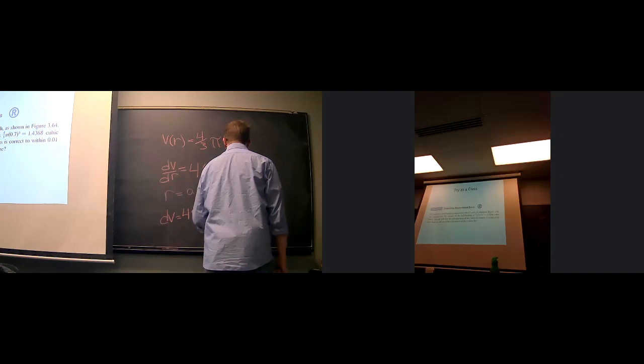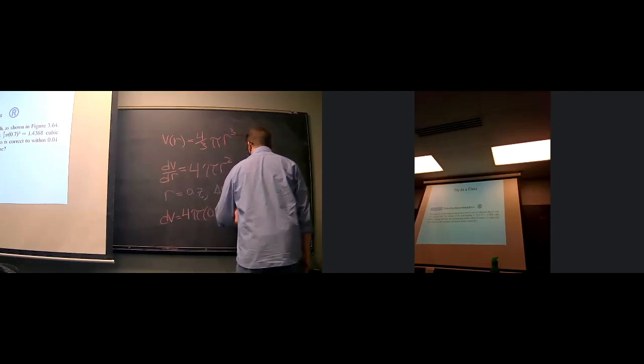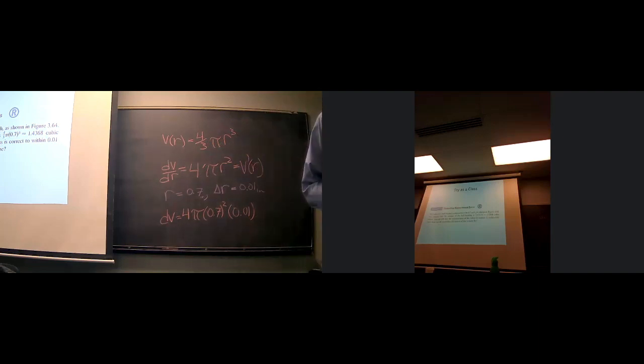So dV is going to be 4 times pi times 0.7 squared times 0.01. Now, I'm not going to pretend to know what that number is. So I'm going to skip to the solution here.